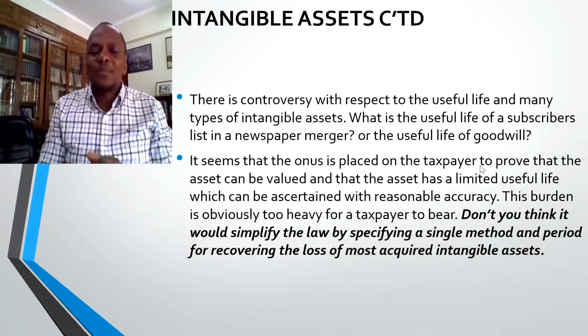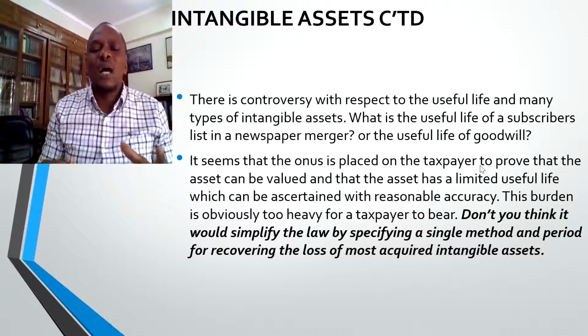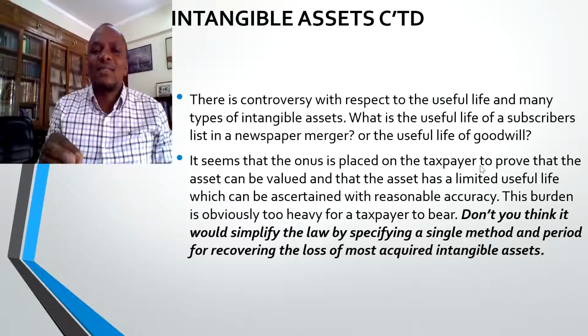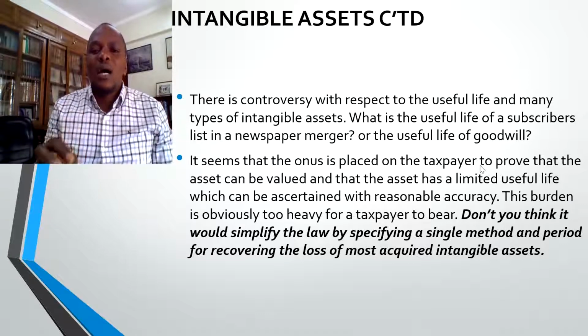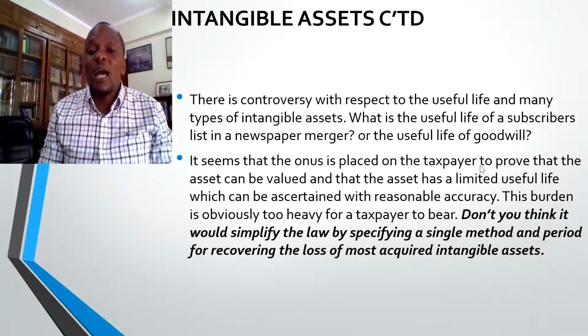The only controversy that has arisen is with regard to ascertaining the useful life of that particular intangible asset. When you get that asset, the law under Section 31 specifies that you will be allowed a deduction over the useful life, but sometimes it may be hard to ascertain the useful life.